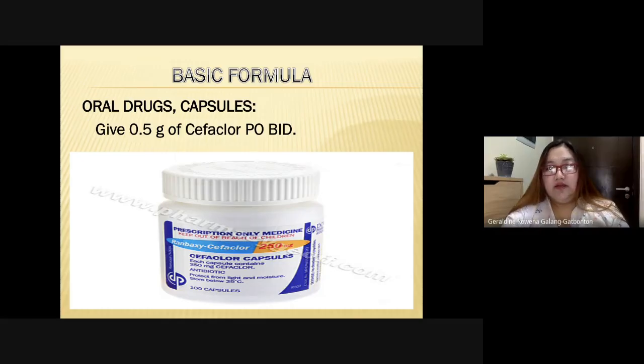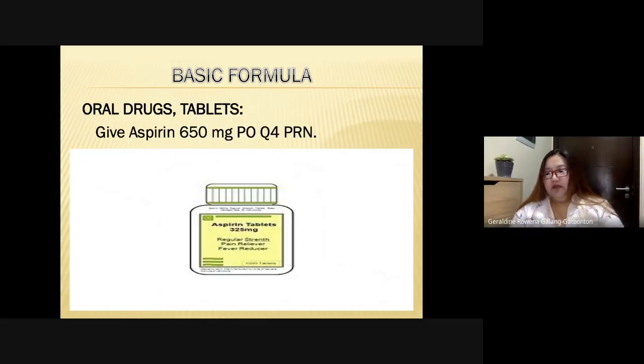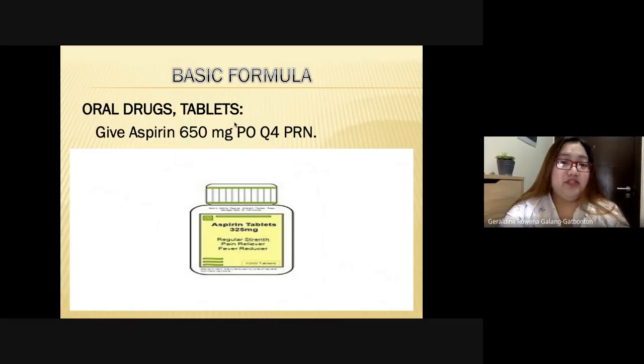Okay? Another example, you have to give aspirin 650 mg per orem Q4 PRN. This time, no, nakita mo doon sa bottle that it is in tablets. So again, what is our D for the desired dose? Ang kailangan nating ibigay sa patient, desired dose is 650 mg.